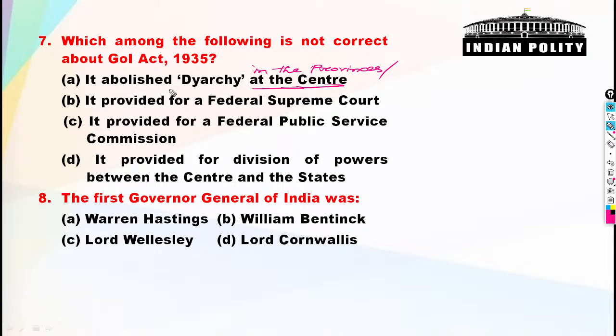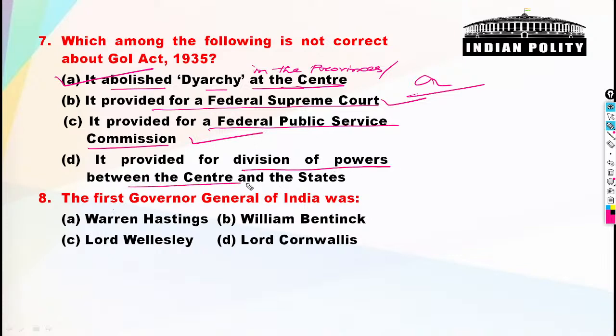In fact, it provided for diarchy at the center, but it was not implemented. So answer A will be there. Other options are correct: it provided for a federal Supreme Court, and a federal public service commission. The division of powers between center and state under the federal list, state list, and concurrent list is also correct. Okay.